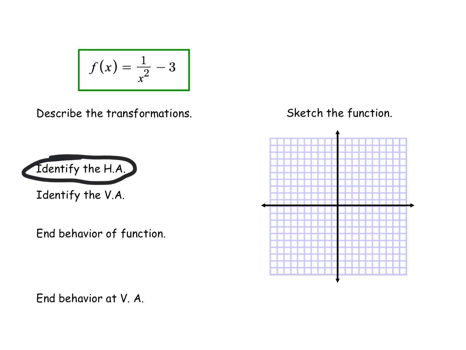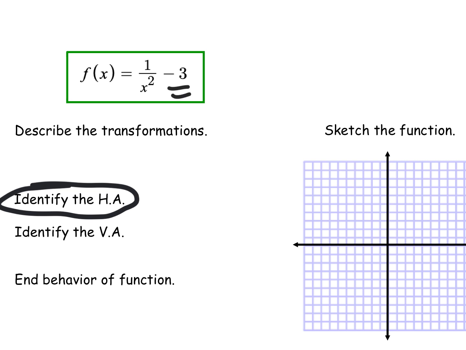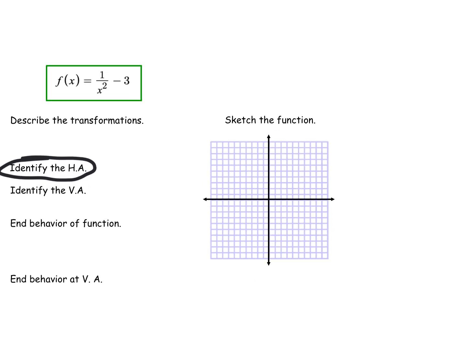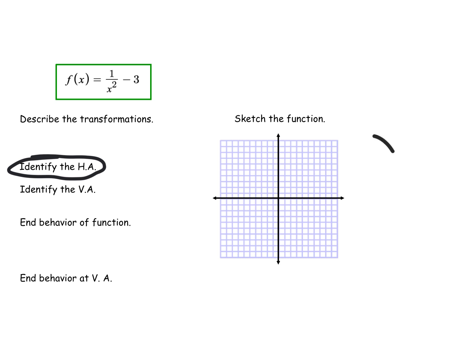It's trickier this time because you got to remember it's got a -3 at the end. So you do your 1,000 trick, figure out what that's equal, and then you subtract 3. Your verticals are the things that make the bottom 0. You got to remember if they're x's or y's. Then you sketch it, and you got to have some xy points. This is on page 7 of the notes. I'm going to pause for a second while you give this one a shot.